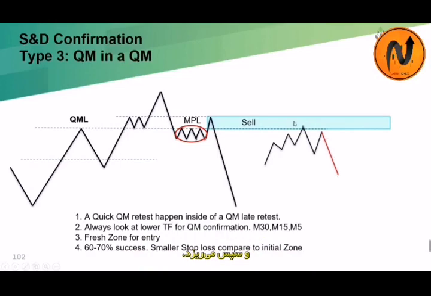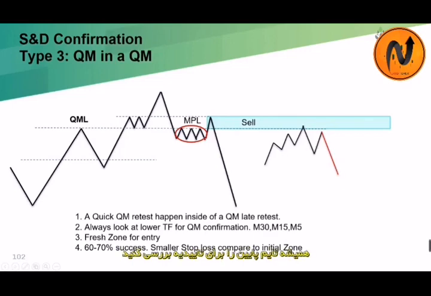Take note here: there is some possibility you will not have an MPL. Usually, I will look for a fresh supply zone or fresh demand zone, in this case a rally-base-drop or a drop-base-drop. Very, very fast. The price reaches and then just drops all the way.